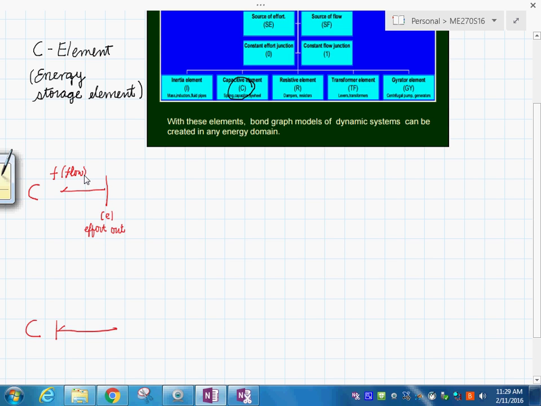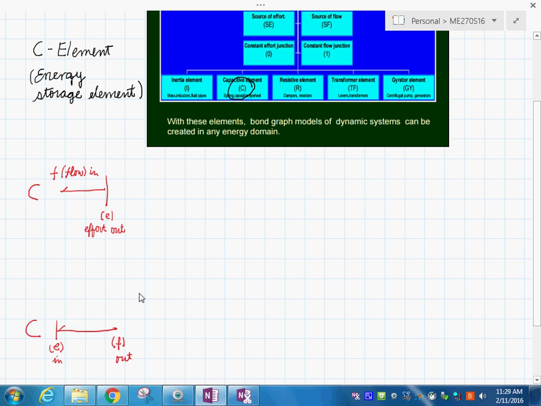In this case, you see, the flow is out, and the effort is in and out of the element. Depending on what is in and out of the element, then we will have one block diagram or the other.